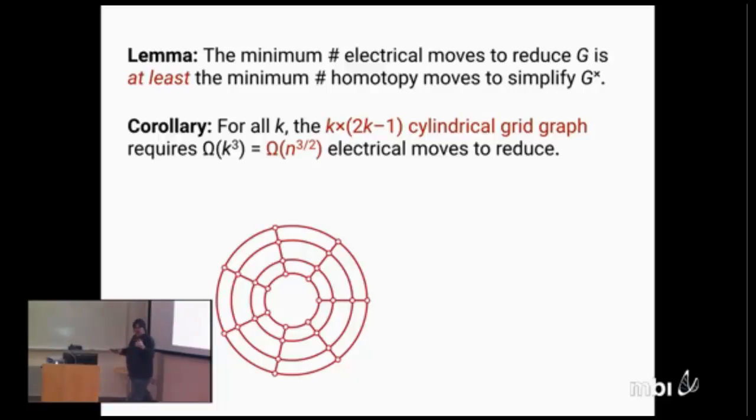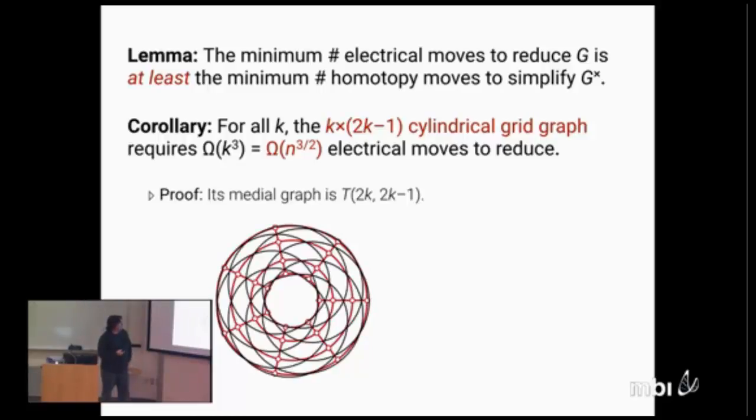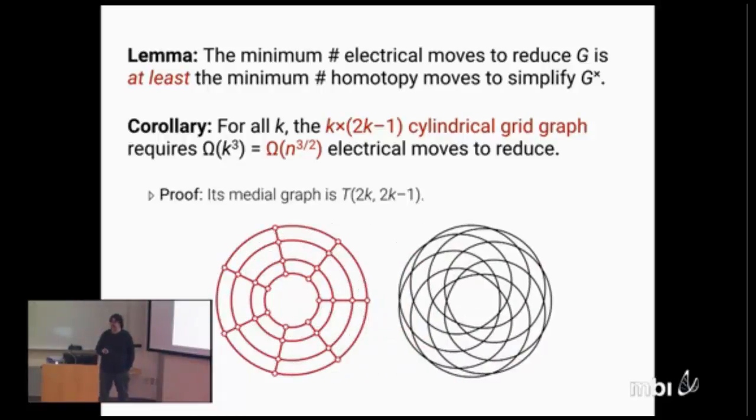So if I take a k by 2k+1 cylindrical grid, here with k equals 4, its medial graph is a torus knot, and we already know this needs n to the 3/2 homotopy moves, and therefore this needs n to the 3/2 electrical moves. So if you want to be mean to your EE 101 students, you can ask them, here's your graph, go. And they're going to be spending a long time figuring out the effective resistance of that graph.